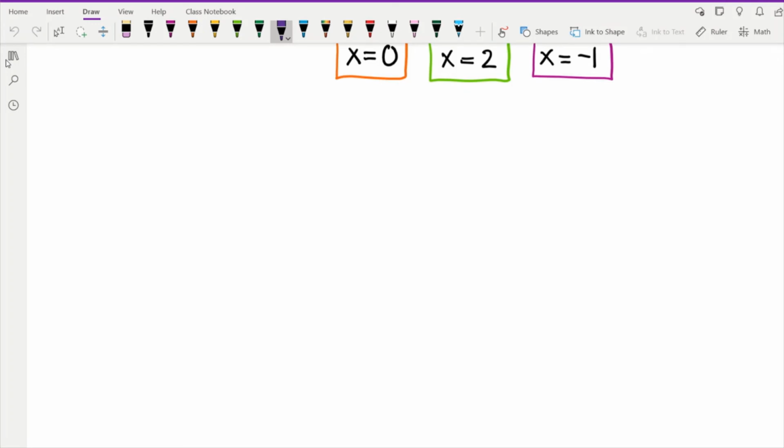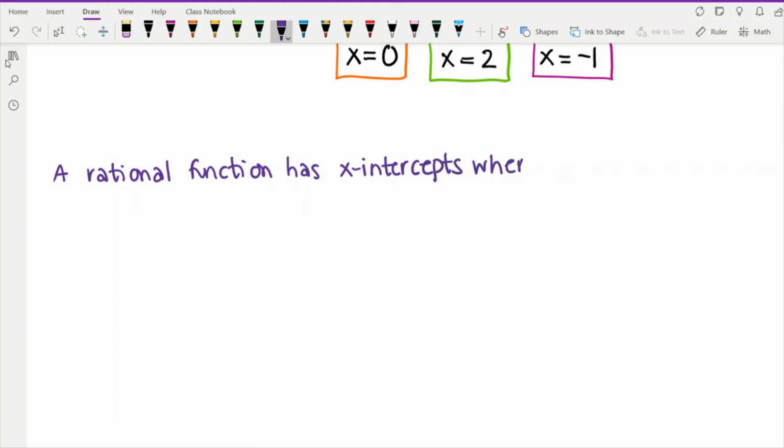So basically what I'm saying is that a rational function has x-intercepts when the whole function is equal to 0.